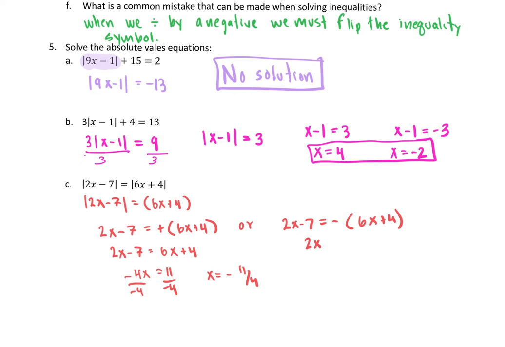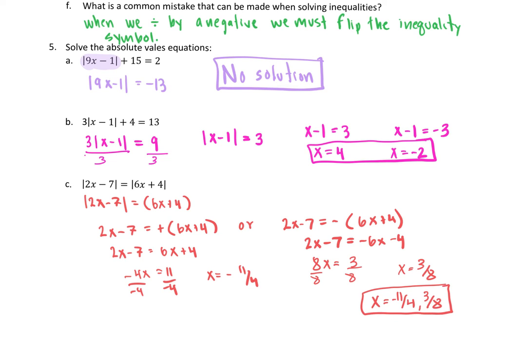On the other equation, I need to distribute the negative sign through. I'm going to add that 2x over, that gives me 8x, and add the 7 over, that gives me 3. And then we're going to divide both sides by 8. We get x equals 3 over 8. So my solutions are negative 11/4 and 3 over 8. And neither one of those reduce, so that is our answer.